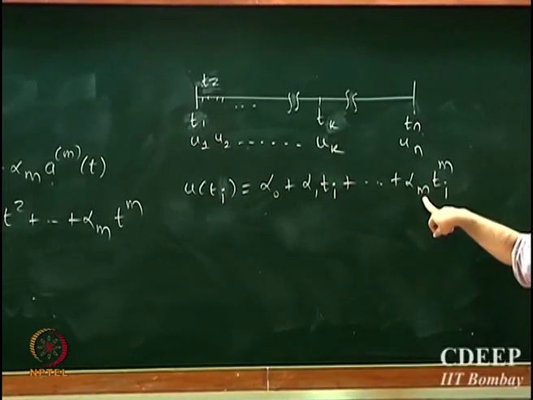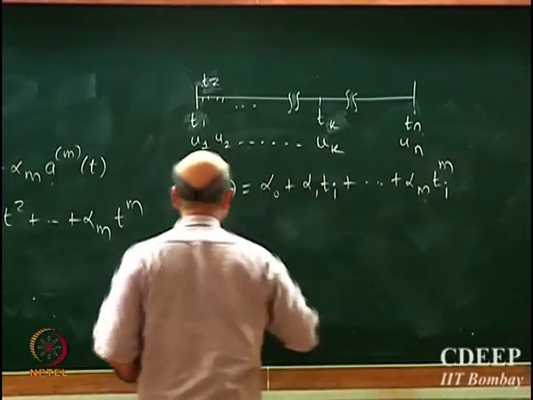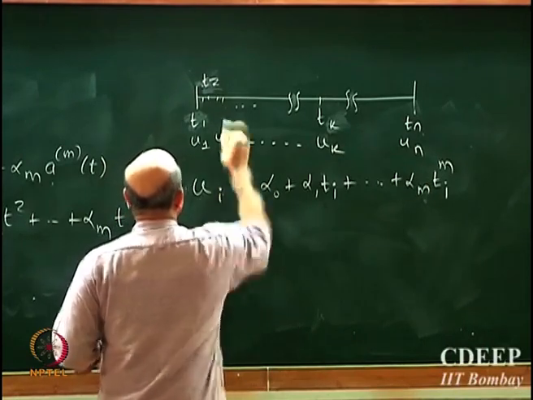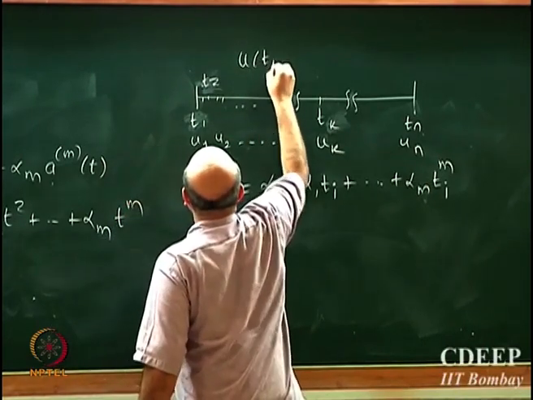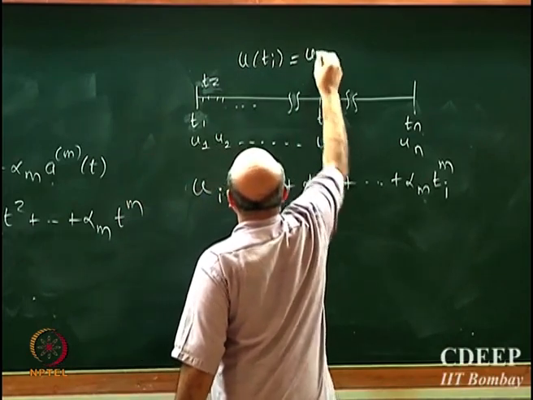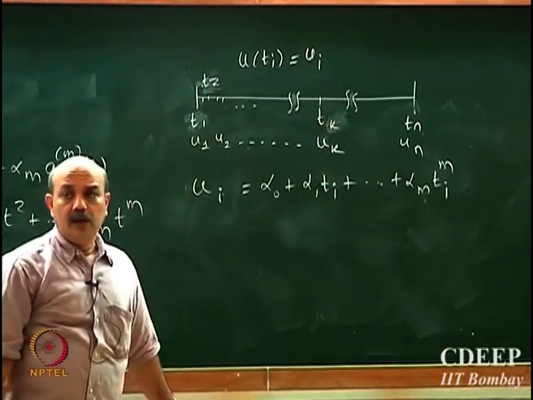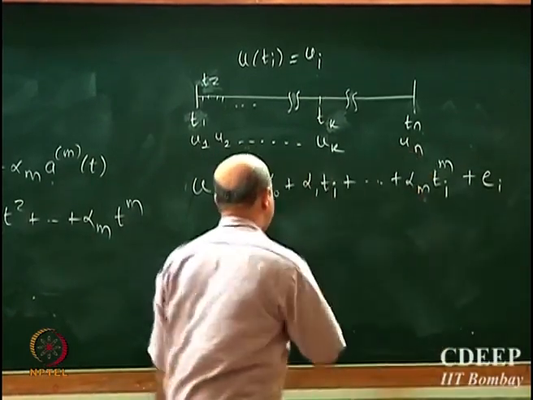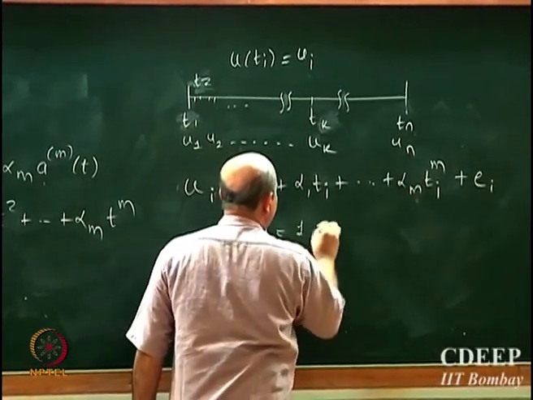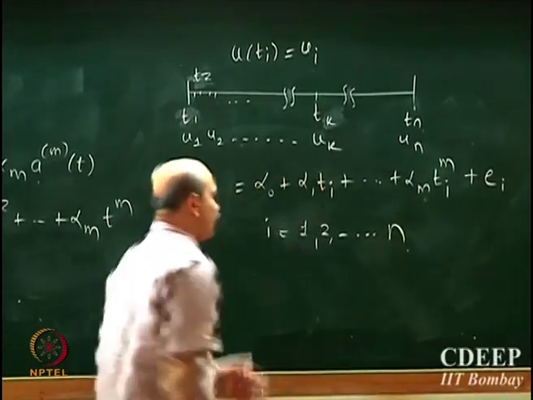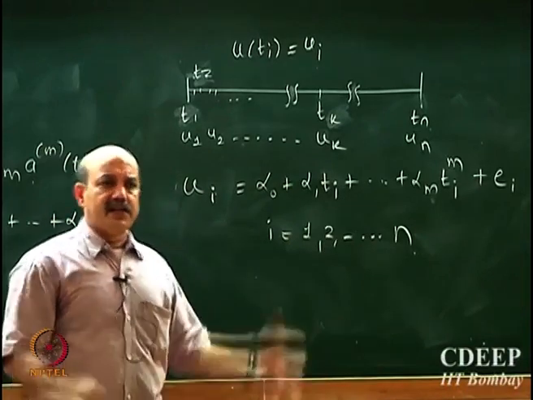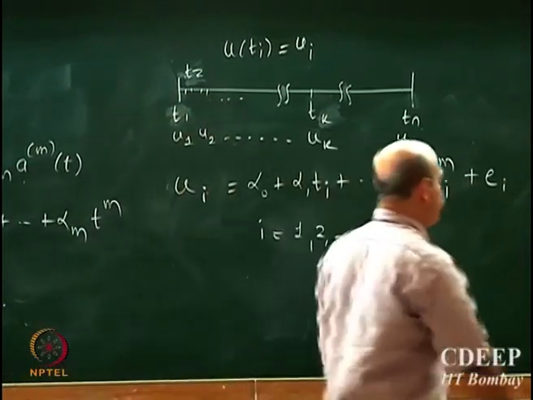You get these equations. u(ti) is nothing but ui, plus error i, and i going from 1 up to n. We have done this earlier, and we get this A matrix.